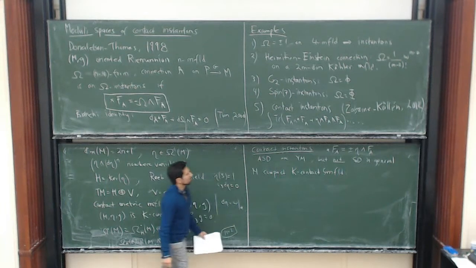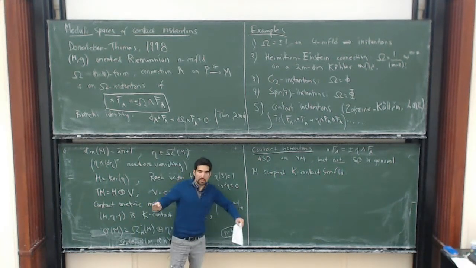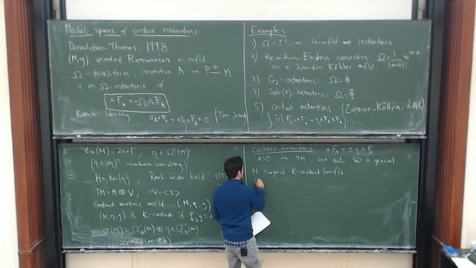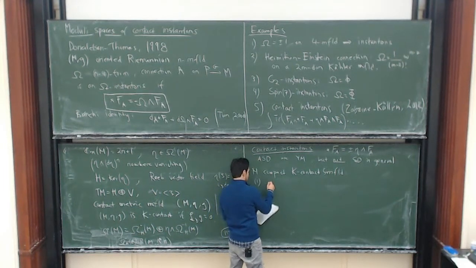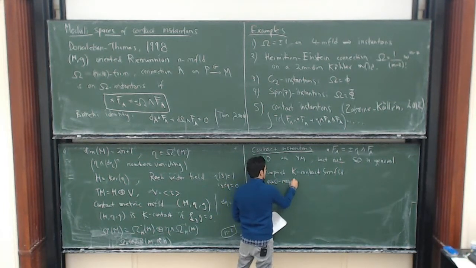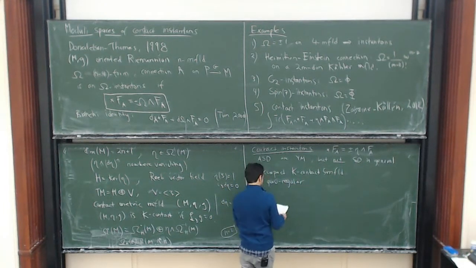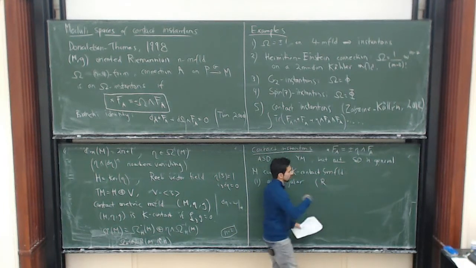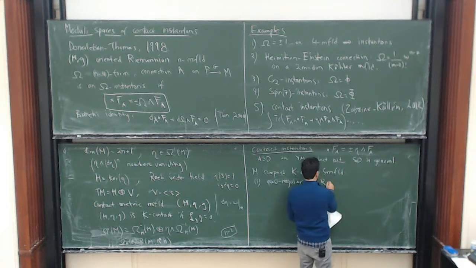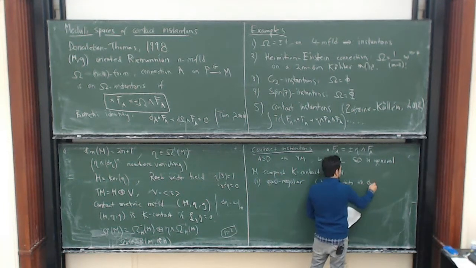And you can already immediately distinguish 2 classes of such manifolds. In one case, we say that such manifolds are quasi-regular, and this corresponds to the orbits of the Reeb vector field all being closed. So, Reeb orbits all closed.